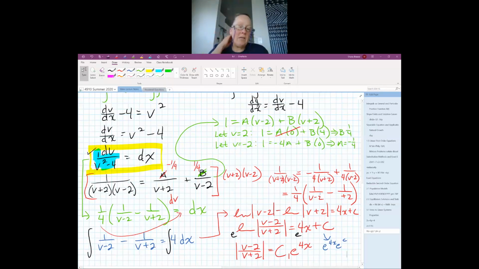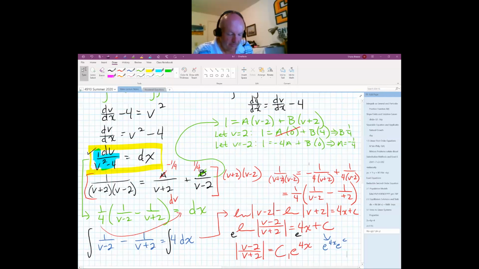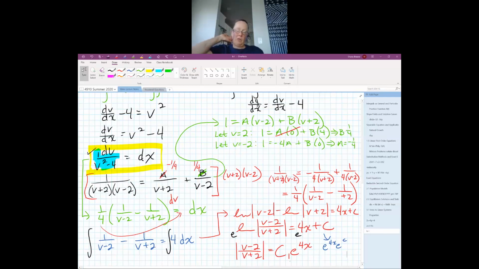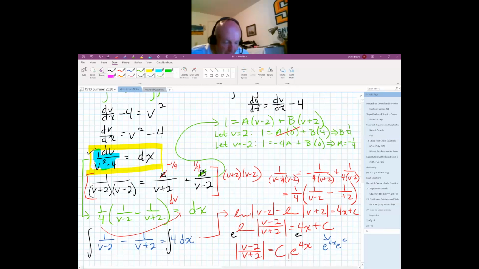That whole e to the c is just one big constant, right? And so I've called it a new name, c sub 1. Some mathematicians would freak out, but it's just a constant. Call it what you wish. But the c sub 1 leaves a better paper trail for the changing nature of the constant.